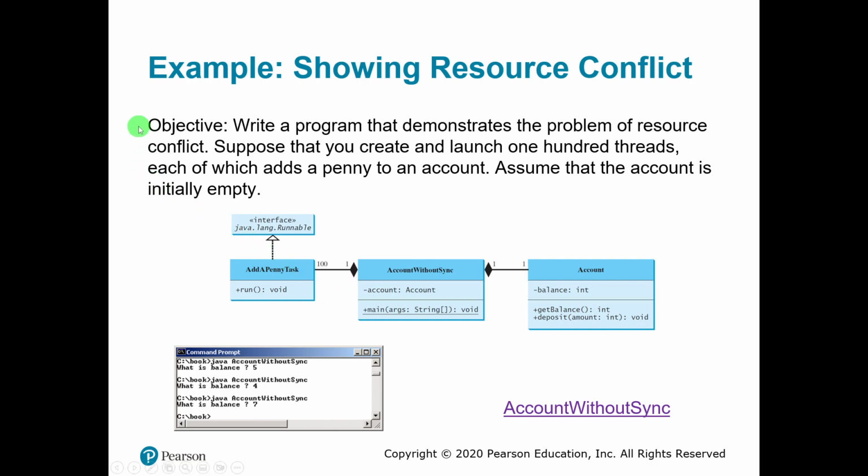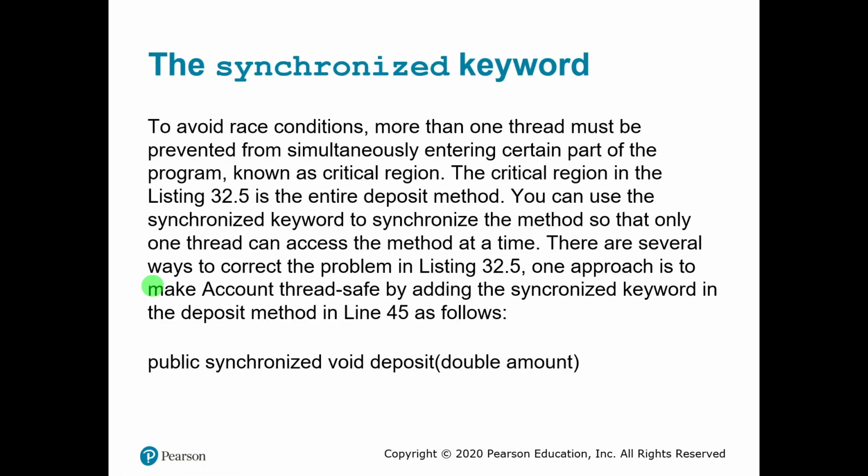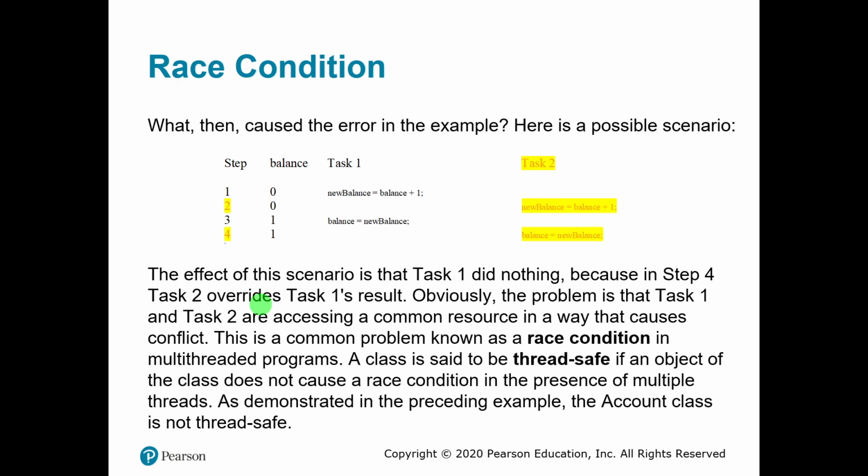All right, so how do we fix it? We just looked at that program before I came in. This is talking about the add penny task, and that it's accessing the same methods multiple times, and there's no synchronization. So that's called a race condition. We don't want a race condition.